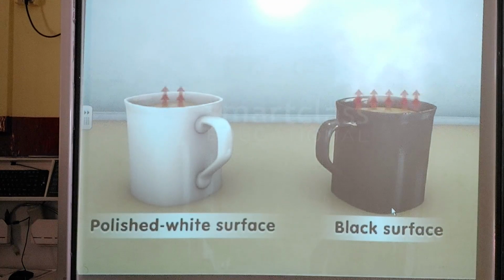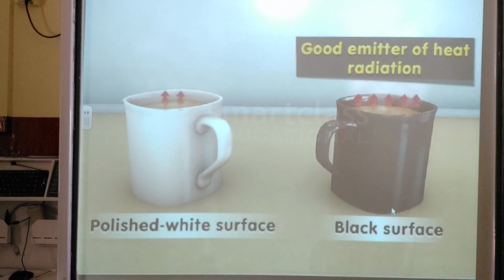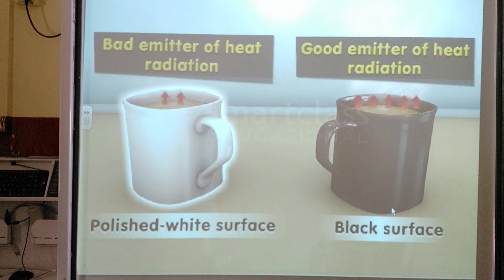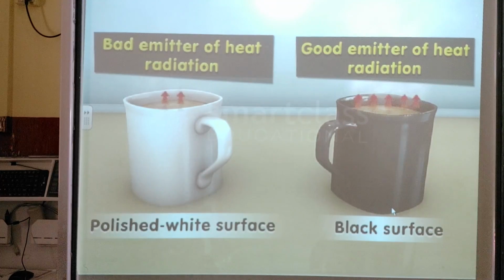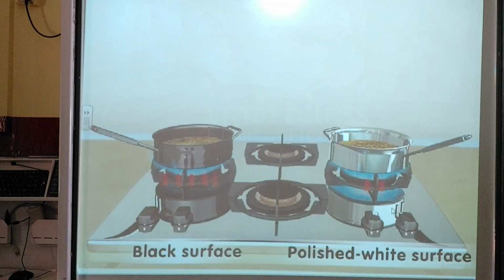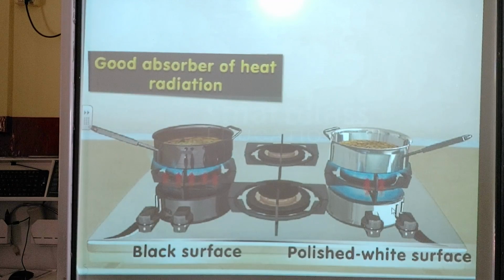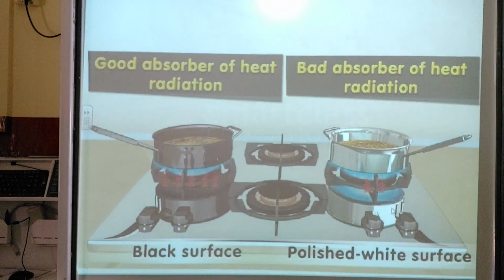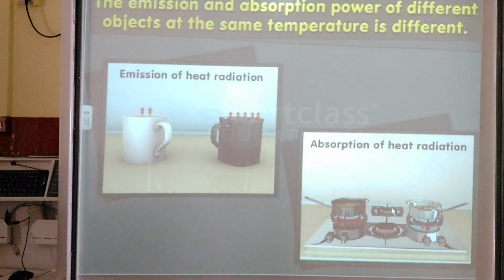A dull or black surface emits more heat radiation than a polished or white surface at the same temperature. Similarly, a dull or black surface is a better absorber of heat radiation than a polished or white surface. Let us now discuss some applications of black and white surfaces.